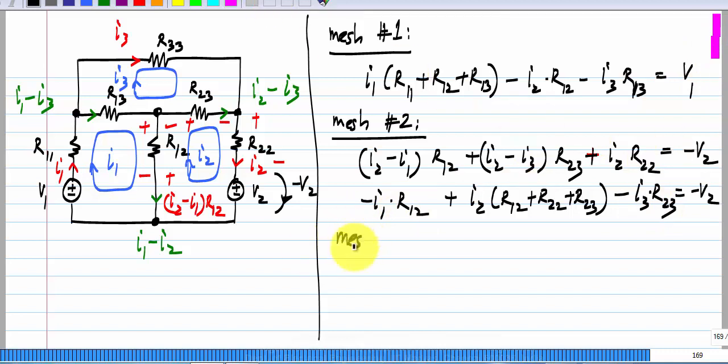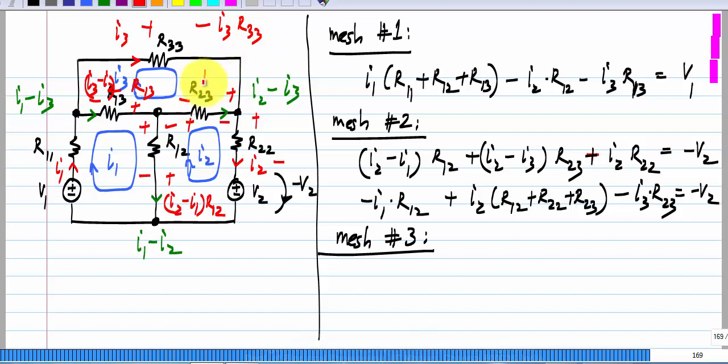And just for completeness, I will do it fully for mesh number 3 as well. And you see that going in the clockwise direction, again we have the voltage drop this way is I3 minus I2 times R13. The voltage drop that way is I3 R33, and the voltage drop this way is I3 minus I2 times R23.